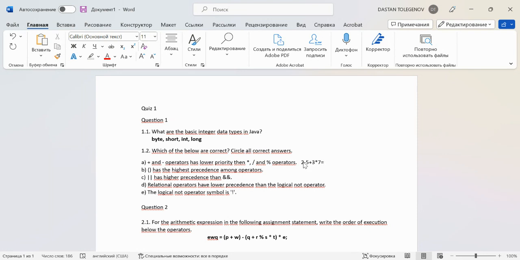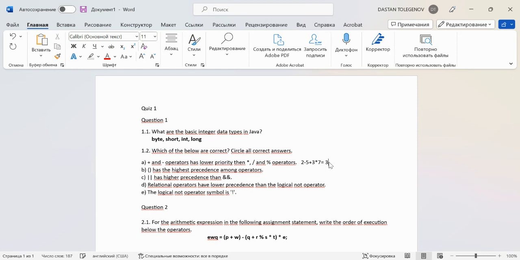Multiplication, division, and modulus operators have higher precedence than plus and minus. 2 minus 5 could also be done first, but by math and programming laws, multiplication should be done first.